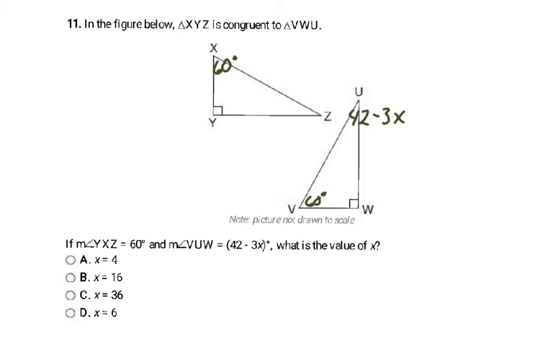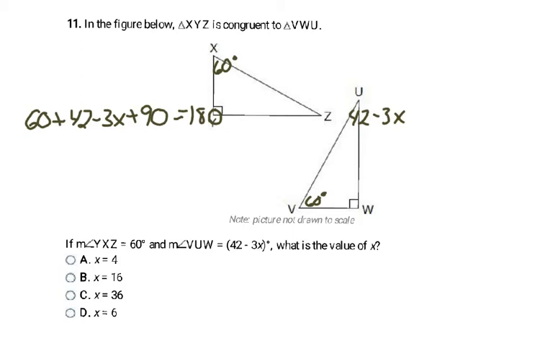So I can take my first angle as 60, add it to my second angle of 42 minus 3x, and add that to my third angle, the right angle, so that's 90 degrees, and that's going to be set equal to 180.